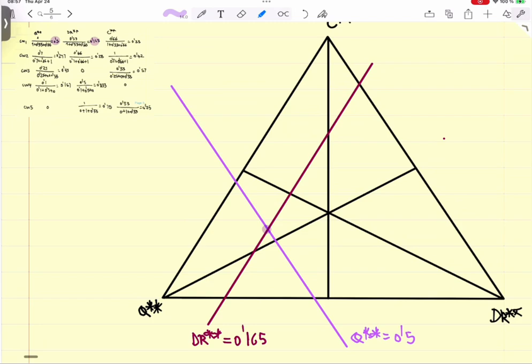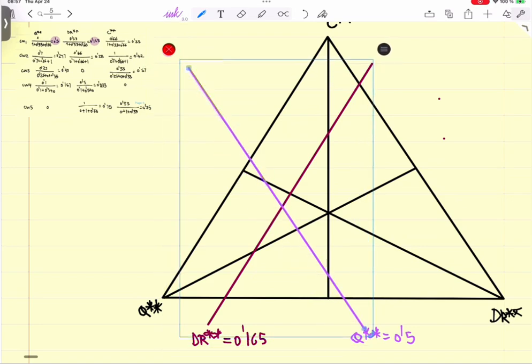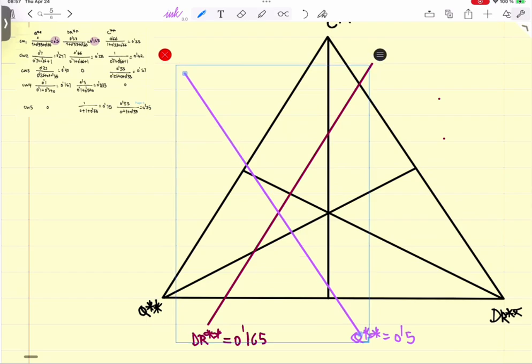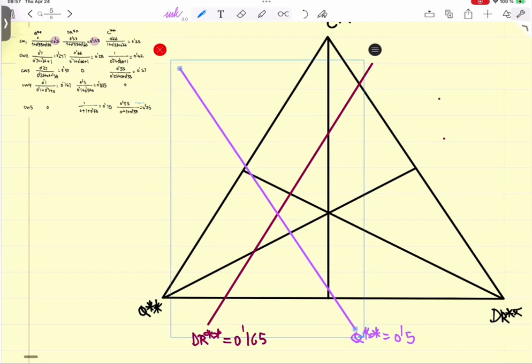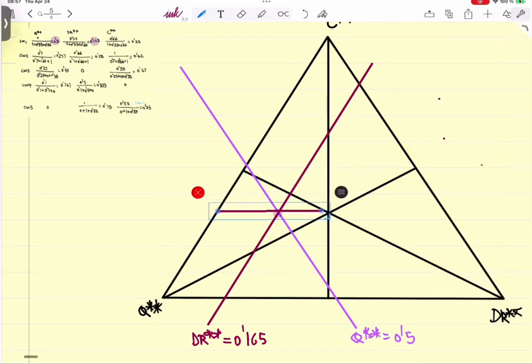Actually, it should be higher. It should be around here, somewhere there. Why do I know it should be there? Because the horizontal is 0.33 on the cost, which is the value we have.